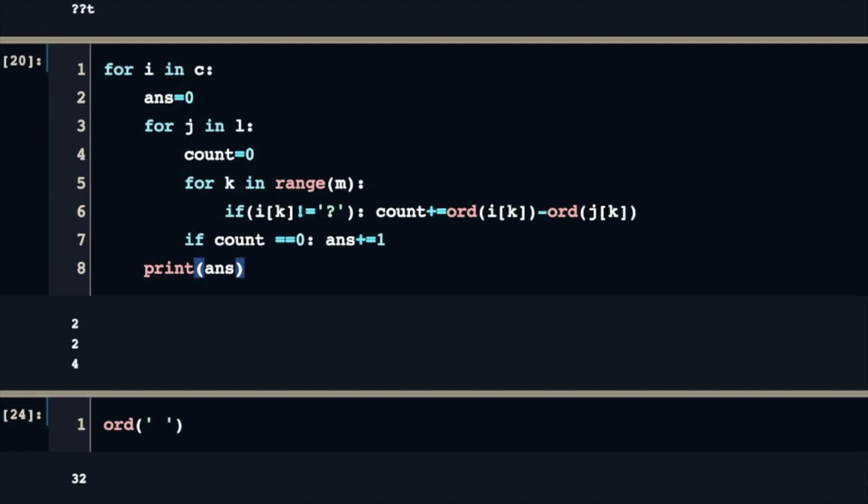But the time complexity for this is huge, n cube, because it makes use of 3 loops. Not 1, not 2, but 3 loops. So the time complexity is big O of n cube, n times n times n. And we can't have this. This is completely inefficient. That's why he got a 25 out of 30.